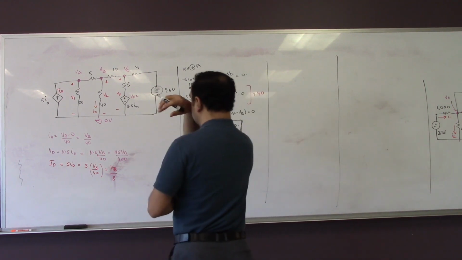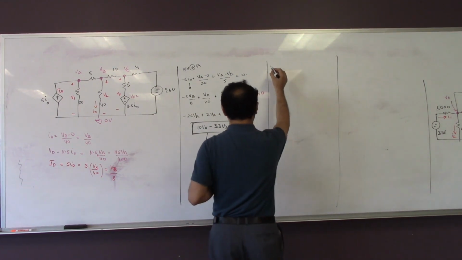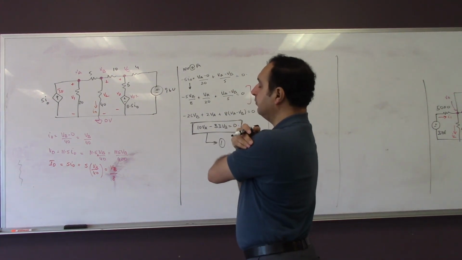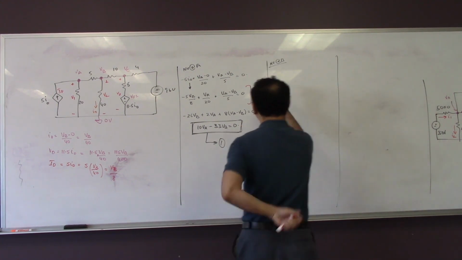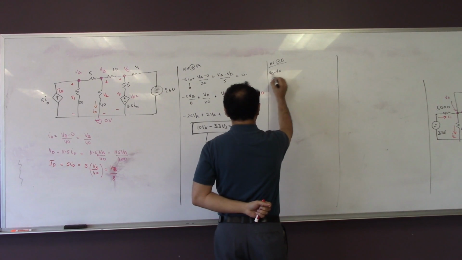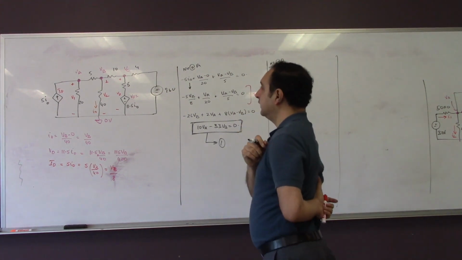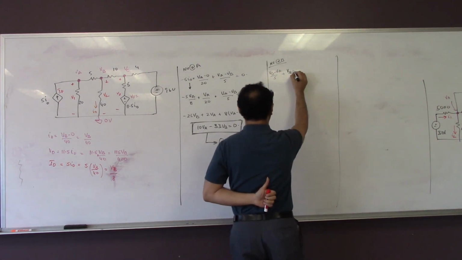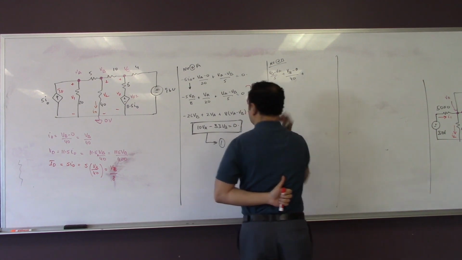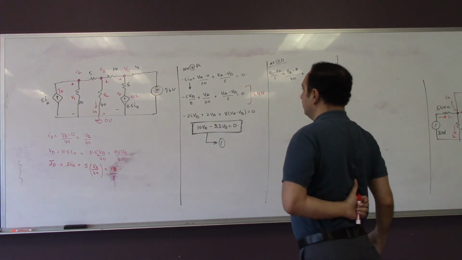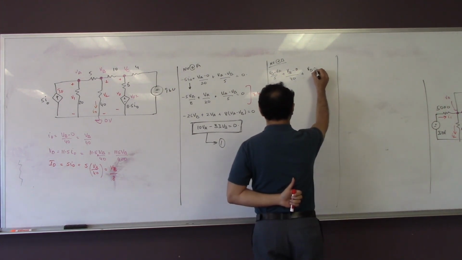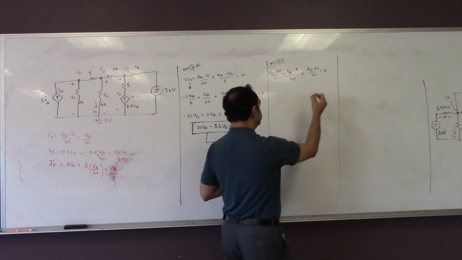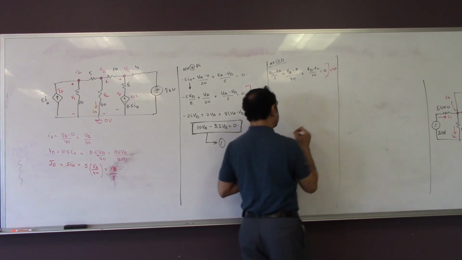Let's do node voltage at VB. So if you do node voltage at VB, it is VB minus VA over 5 plus VB minus 0 over 40 plus VB minus VC over 10. We'll simply multiply this whole thing by 40 to rationalize this.